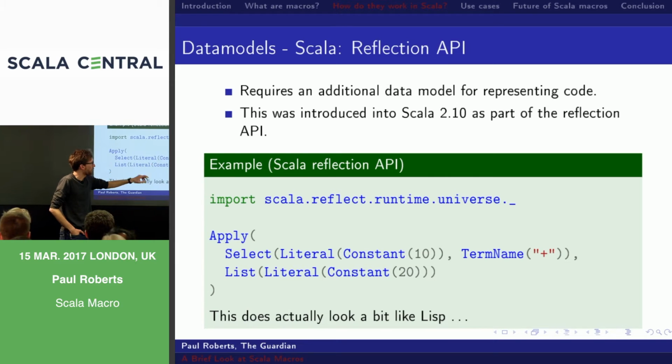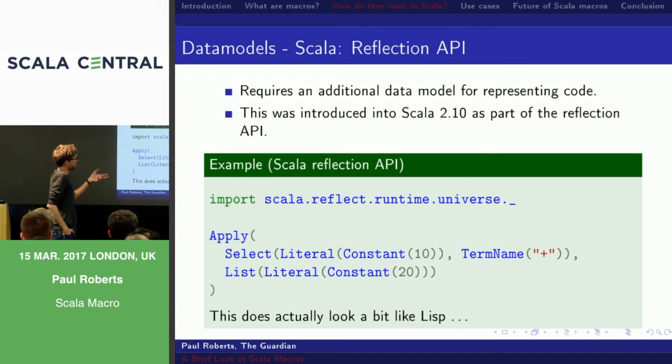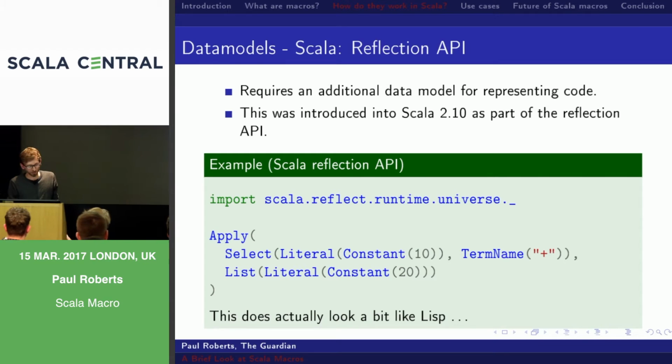Obviously the operators, as we know in Scala, are implemented as methods on an object, so we can't just call a function. In this situation, we have to look up that function as a member of an object, in this case a literal integer. That's just an example of the more sophisticated syntax that we have to represent with Scala.